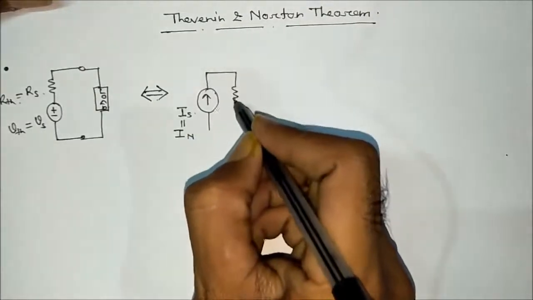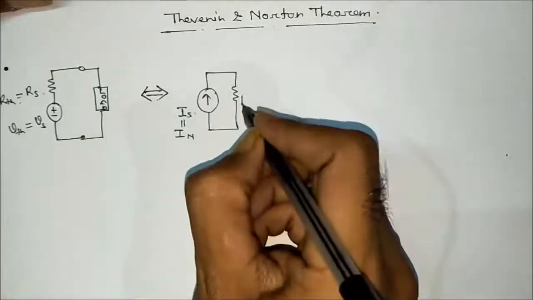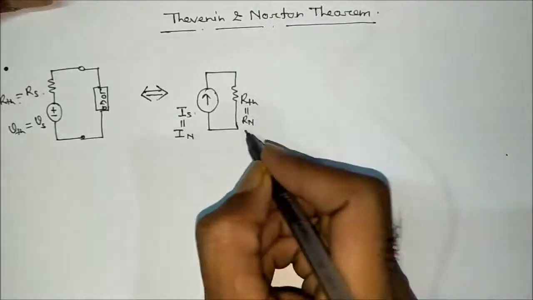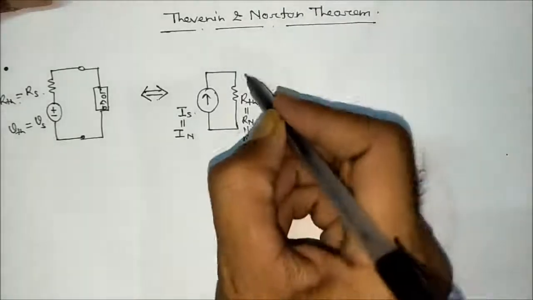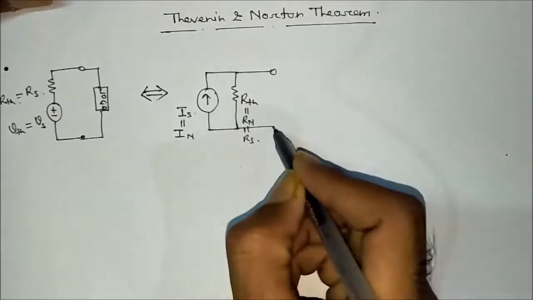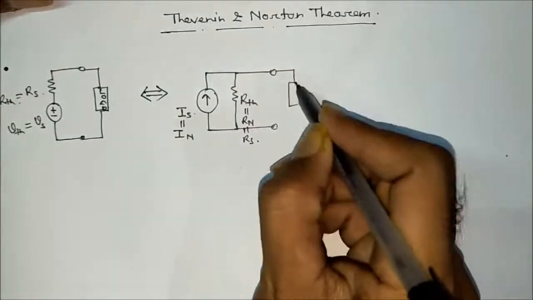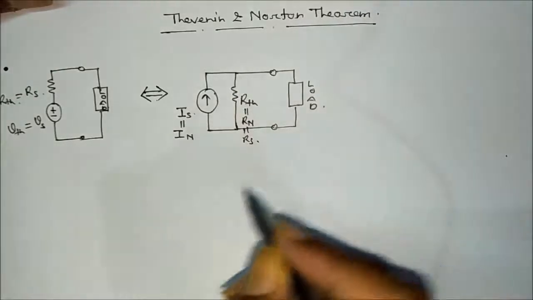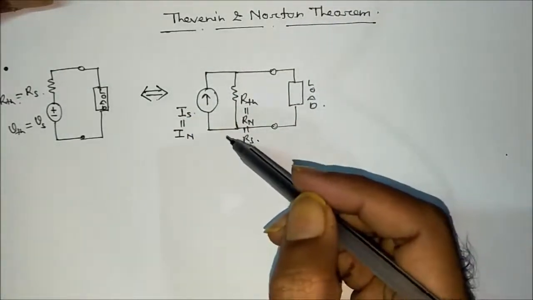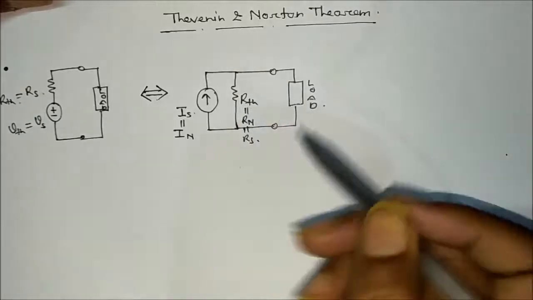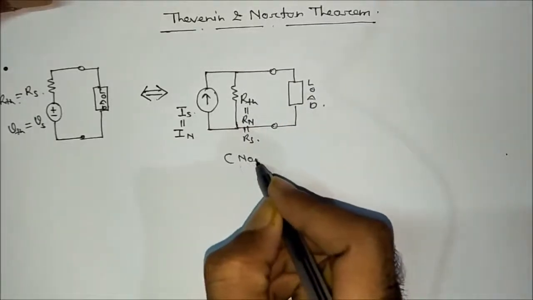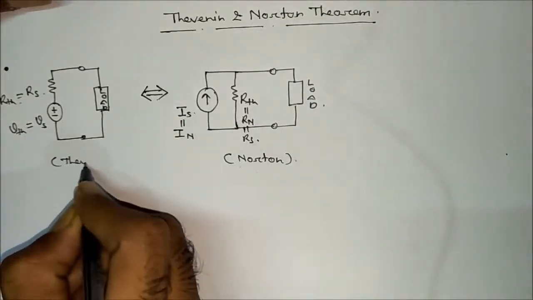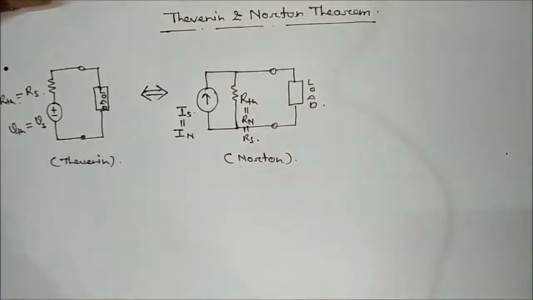There is a parallel resistance, that is Rth, or equal to Rn, or equal to Rs, and this is the load terminal. So by source transformation we can obtain the Norton equivalent. This is the Norton equivalent, and this is the Thevenin equivalent. Is it okay?